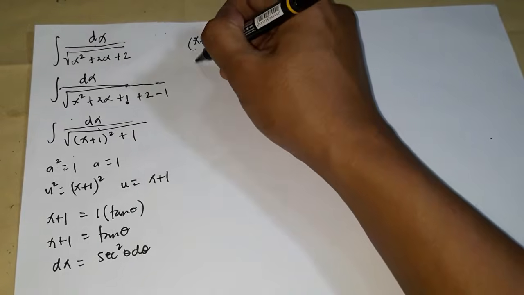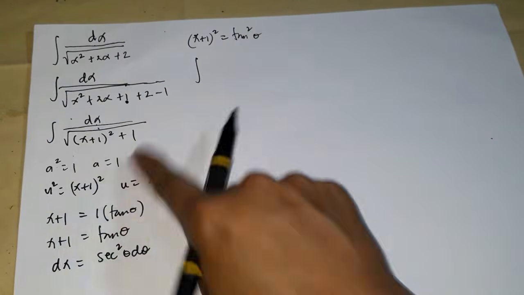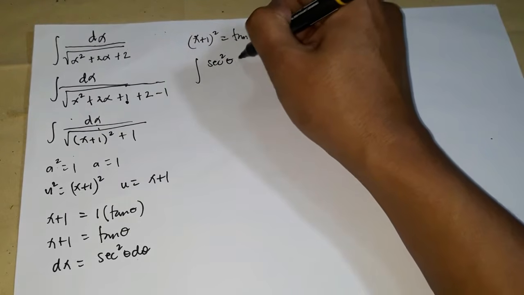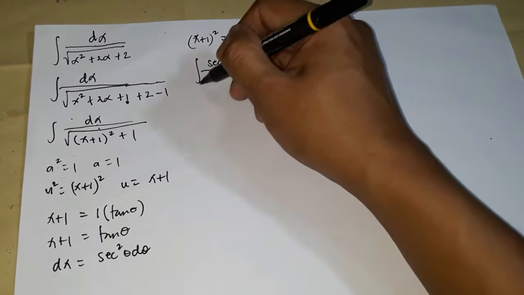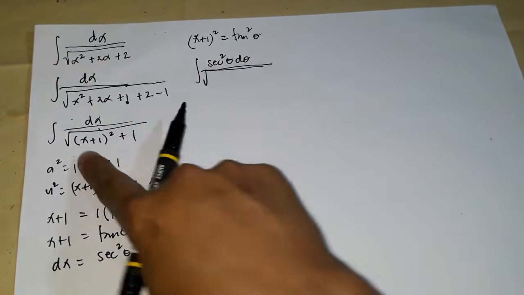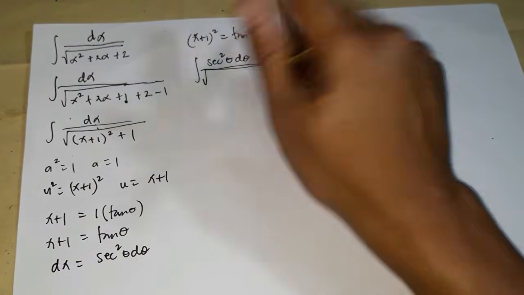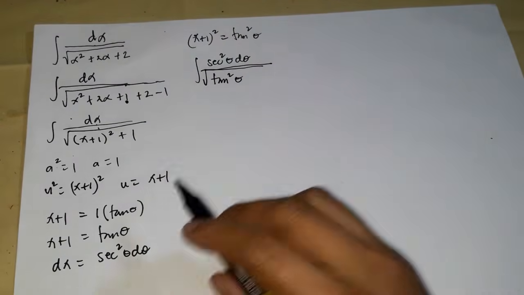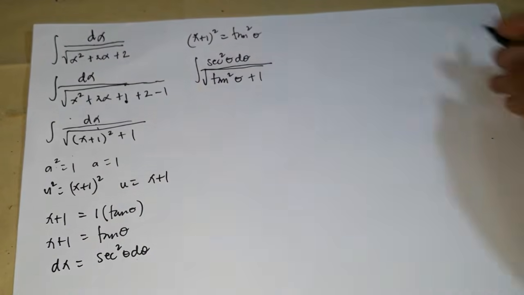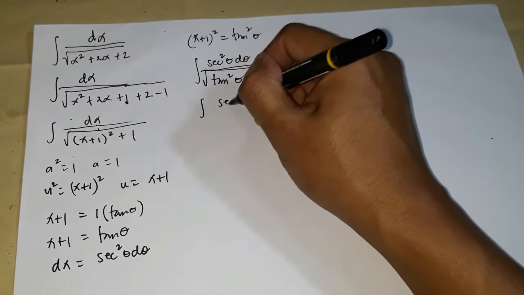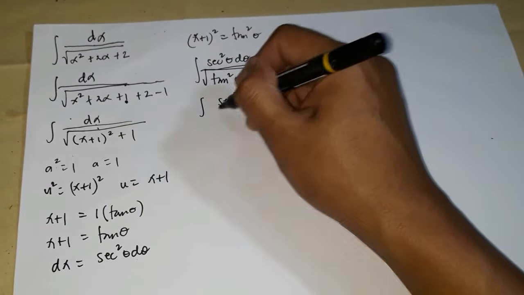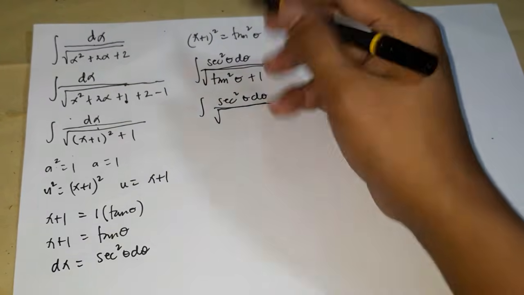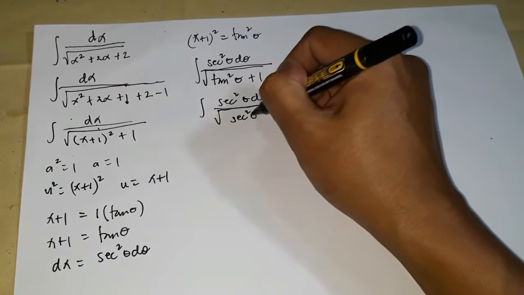And then you now have dx, which is secant squared theta d theta, all over the square root of x plus 1 squared, which is tangent squared theta, plus 1. So we have the integral of secant squared theta d theta all over the square root of tangent squared theta plus 1, which is secant squared theta.